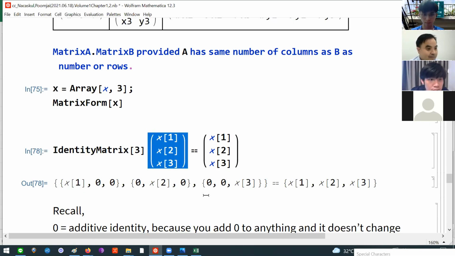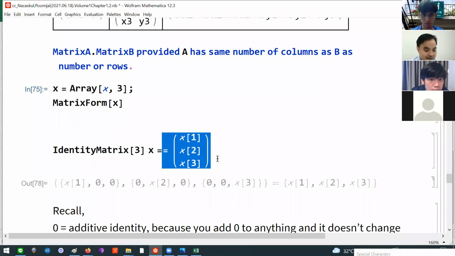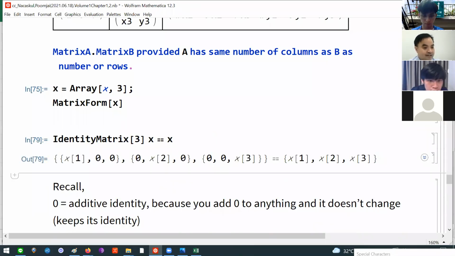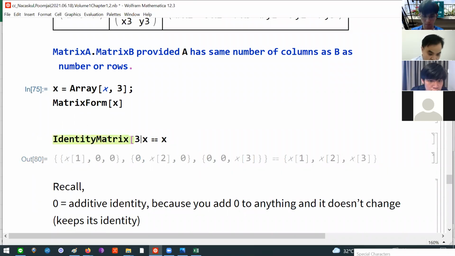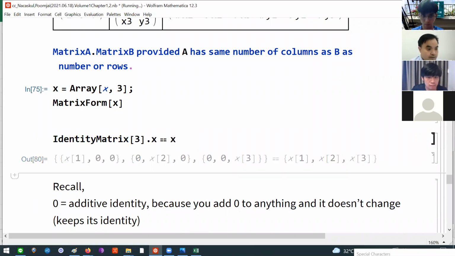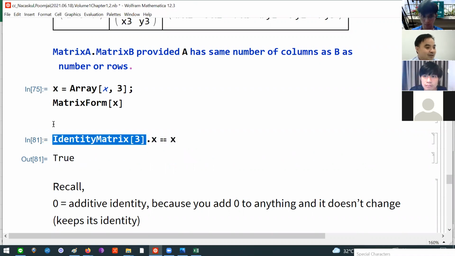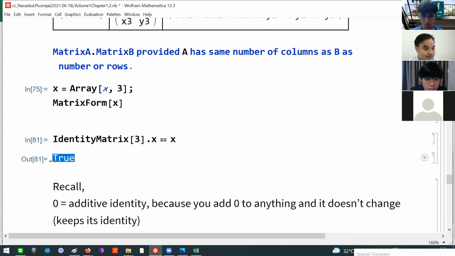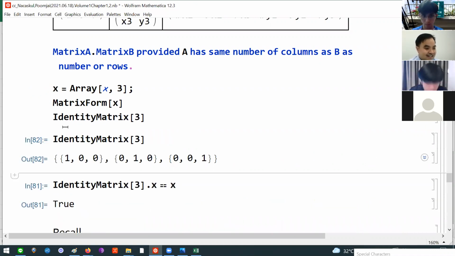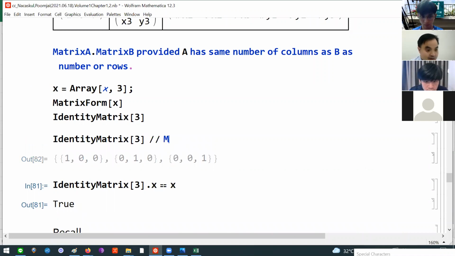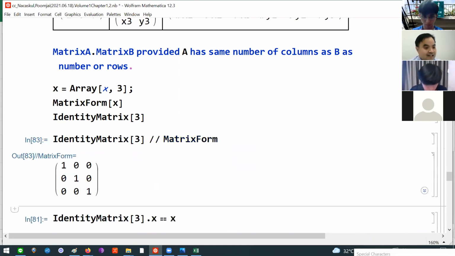So identity matrix times X is equal to X. True. My question is, what is identity matrix? What does it look like? It looks like this.